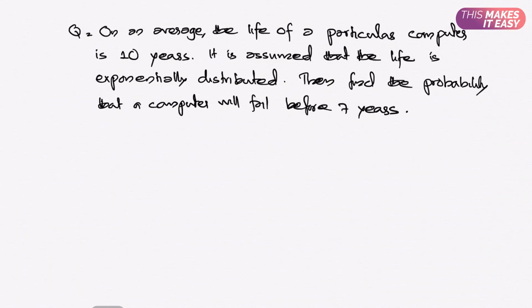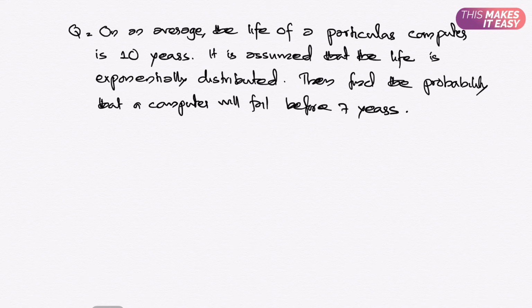The question says that on an average the life of a particular computer is 10 years. It is assumed that the life is exponentially distributed. Then find the probability that a computer will fail before 7 years.